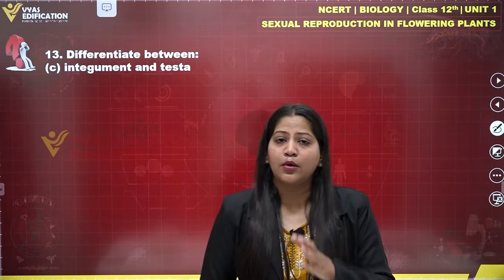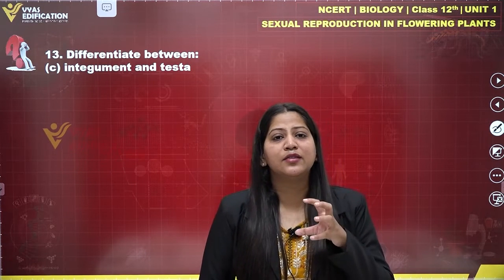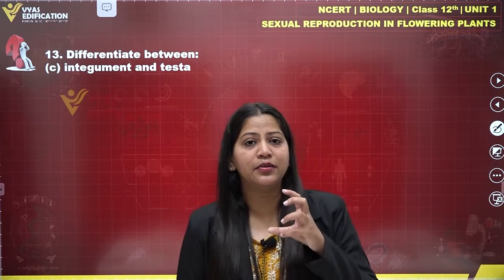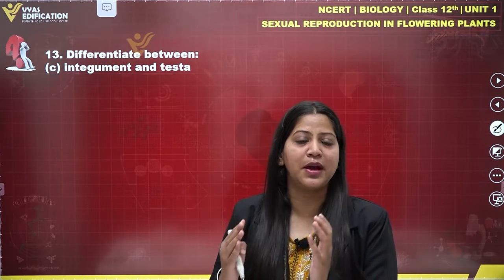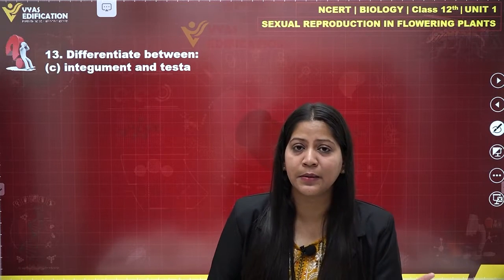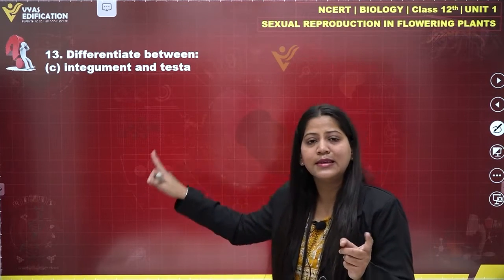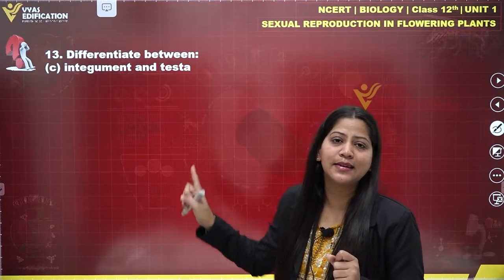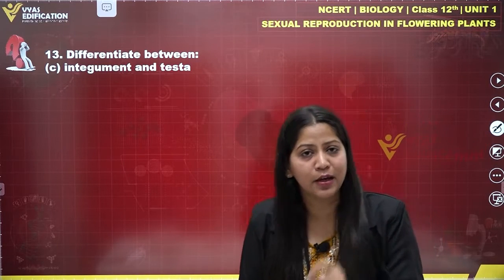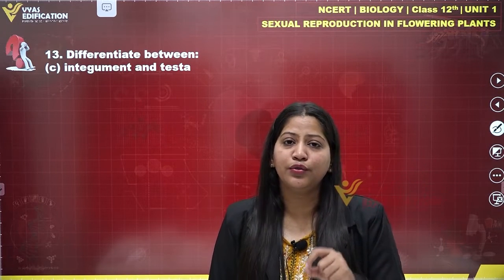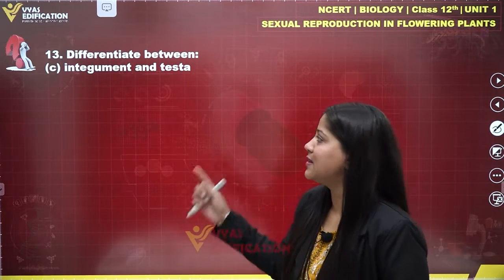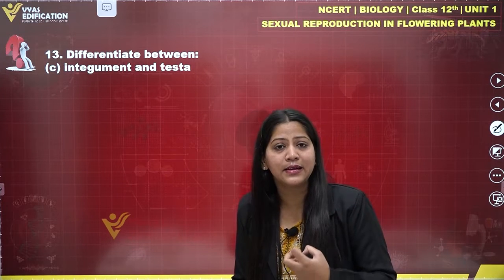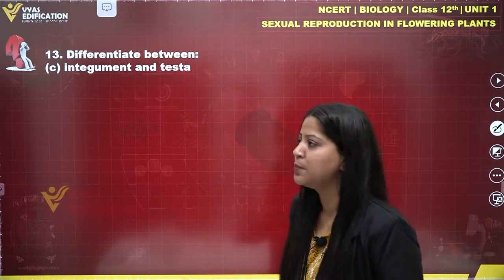Now if we talk about the testa, testa is the outermost protective covering of a seed. Both are coverings. Integument is a covering of ovule, that is female megasporangium, and testa is the covering of a seed after fertilization.